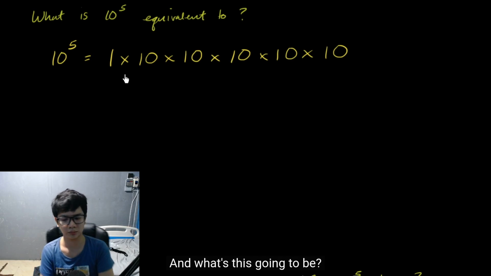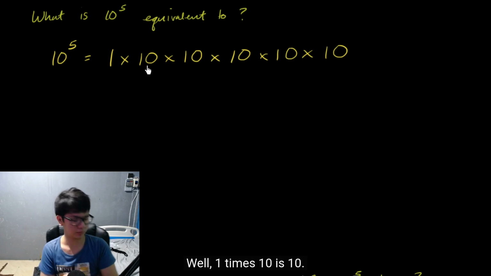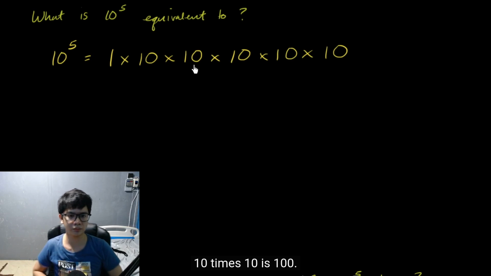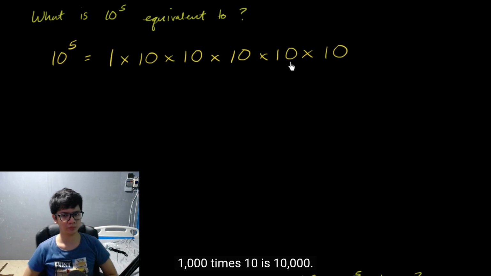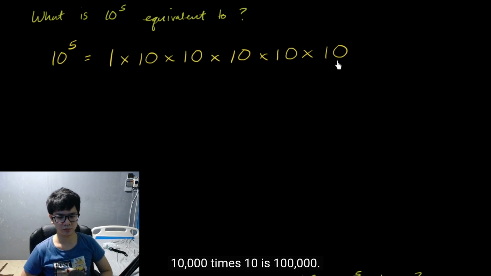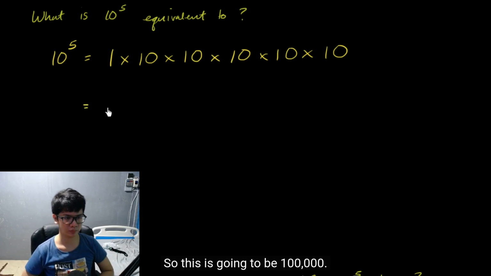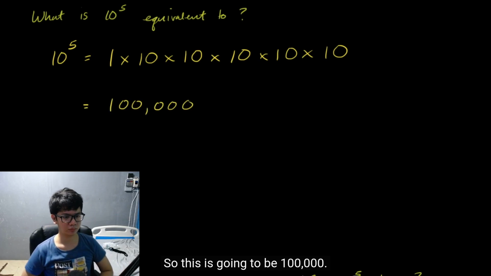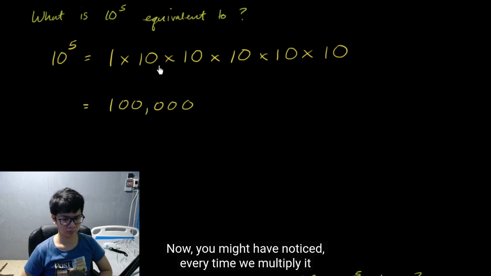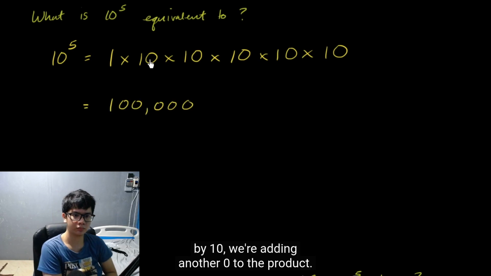And what's this going to be? Well, 1 times 10 is 10. 10 times 10 is 100. 100 times 10 is 1,000. 1,000 times 10 is 10,000. 10,000 times 10 is 100,000. So this is going to be 100,000. Now, you might have noticed, every time we multiply this by 10, we're adding another 0 to the product.